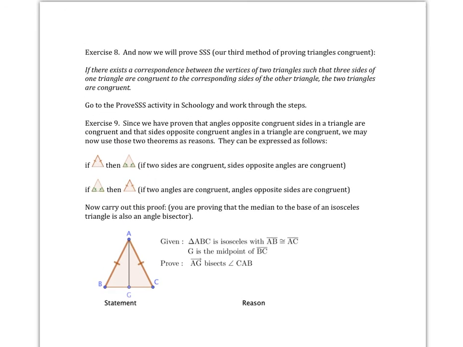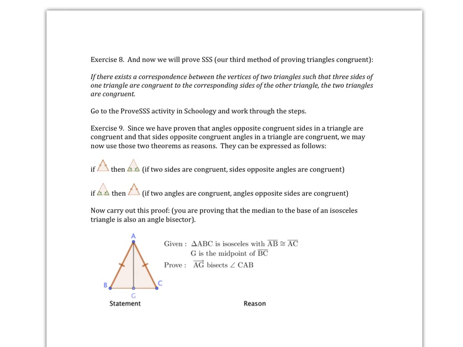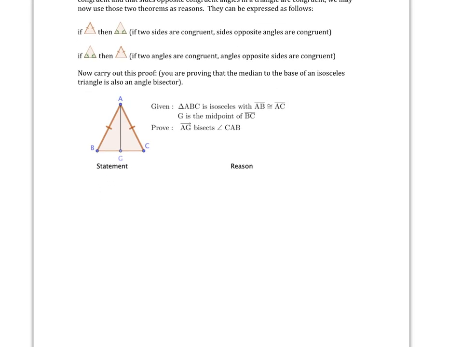Okay, so in exercise 8, you were to go back to the Schoology and prove a third way of establishing two triangles are congruent, which is that if we have three pairs of corresponding sides that are congruent, the triangles will be congruent.